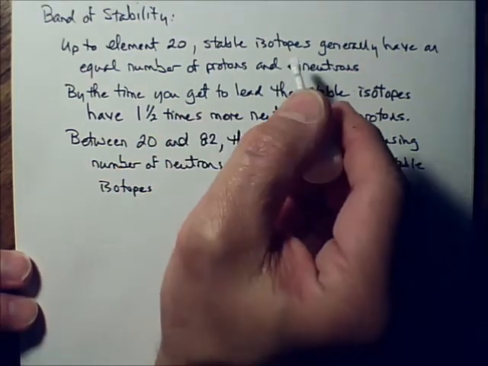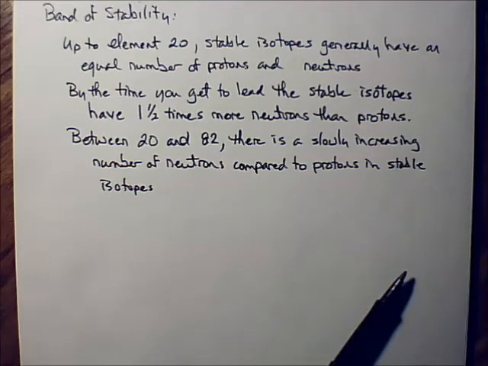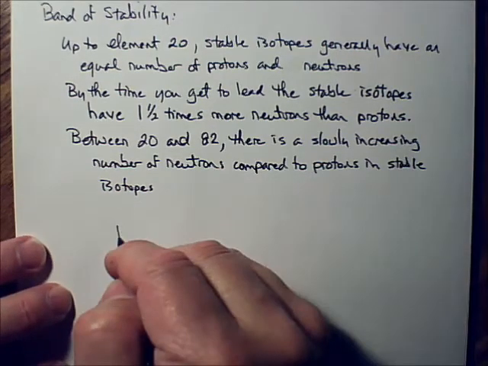And so in general, you can kind of get an idea where the stable isotopes are located in terms of how many protons and neutrons by remembering this pattern. And we'll graph it tomorrow. But here's what you're looking at.